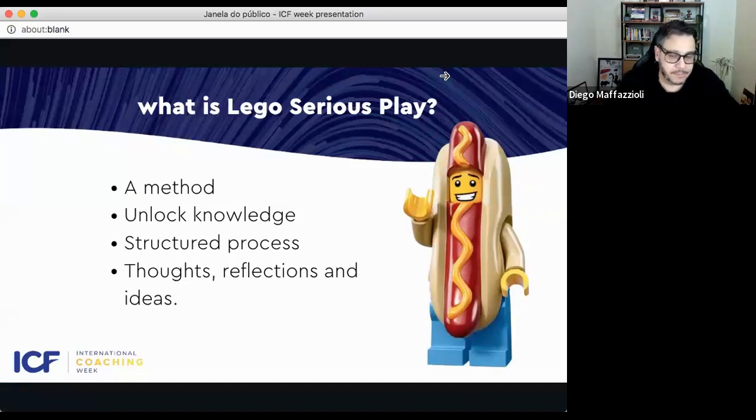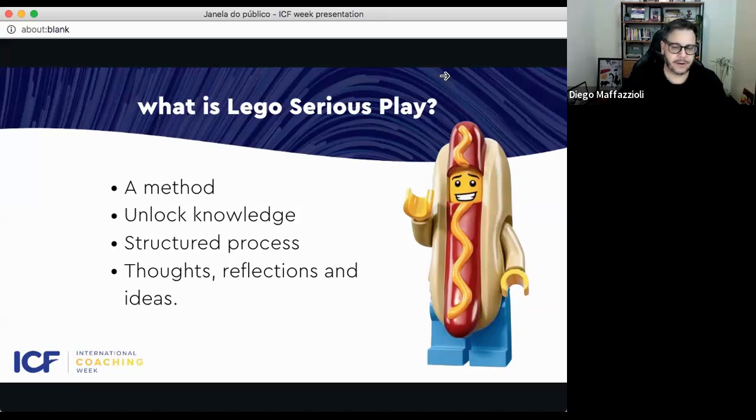Next, I will show you about Lego Serious Play. Okay, Lego Serious Play is a method, and we have a structured process. It is a method to unlock knowledge in the players, because during the play of the method, they will have insights, thoughts and ideas that normally are uncovered in their unconscious, but with the use of the Lego Serious Play method, they will emerge, and this is very important for us as coaches, okay? It's a structured process.